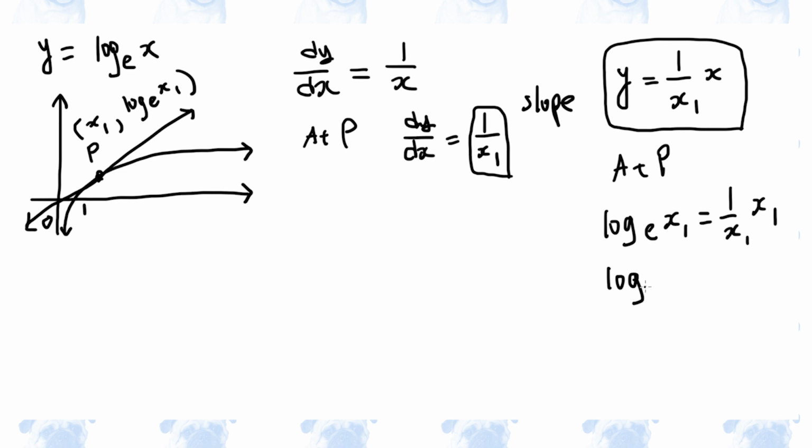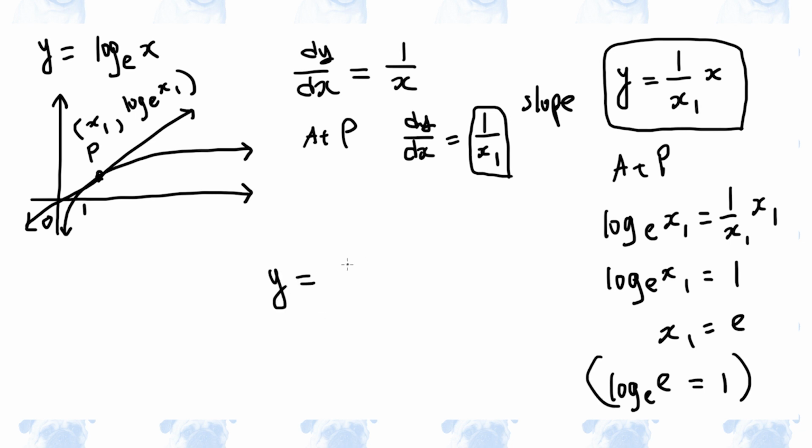So log base e of x sub 1 is 1. This implies that x sub 1 must be e, because log base e of e equals 1. Therefore, the equation of the tangent line is y equals 1 over e times x.